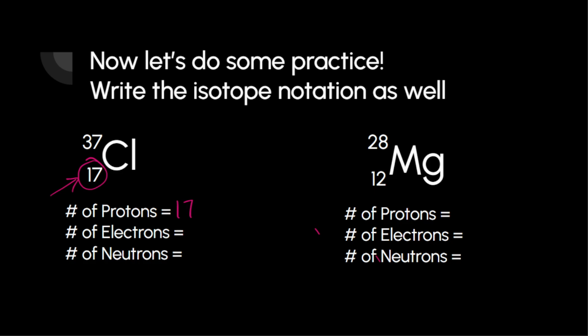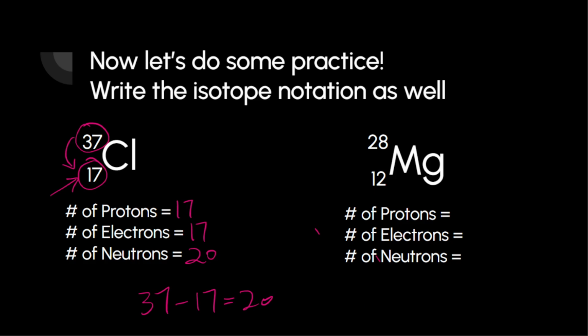So we have 17 protons and 17 electrons. They always balance each other out. And then the neutrons is basically the mass number, 37, subtract the number of protons. So 37 minus 17 equals 20. So this one has 20 neutrons, okay?